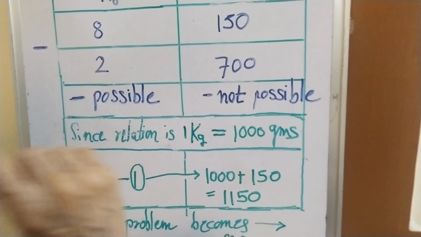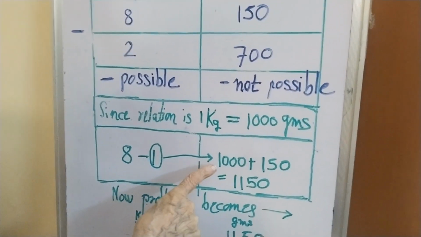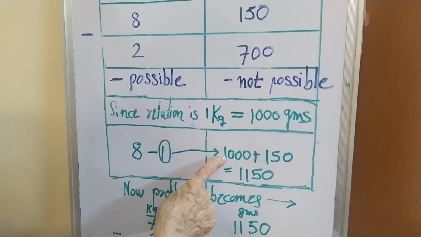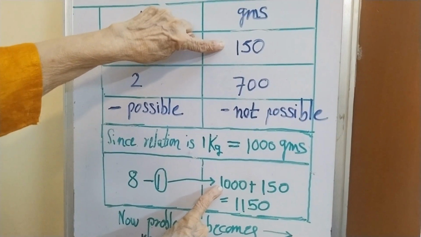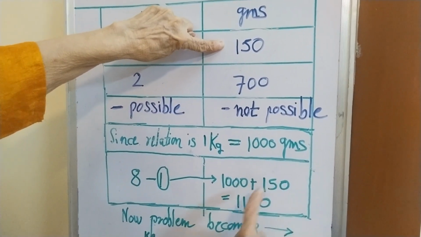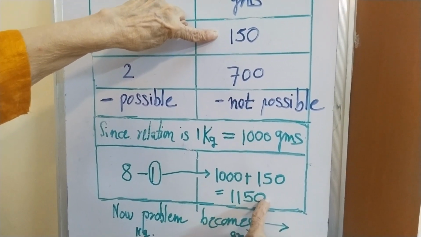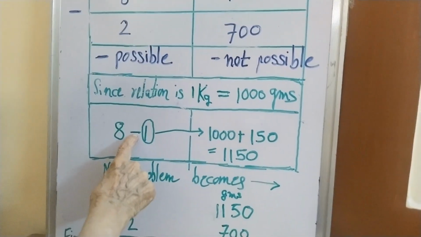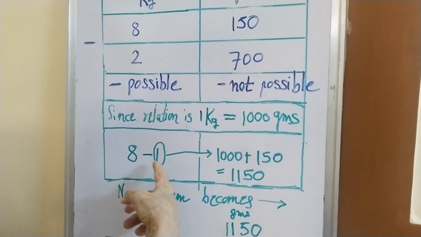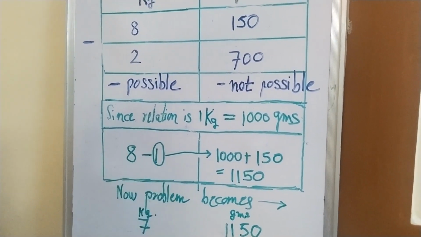We are putting 1 kg, that means we are putting 1000 grams here. So now this turns into 1000 plus 150, that is 1150. And we have to subtract 1 from here because we have taken away 1 kg from this side.